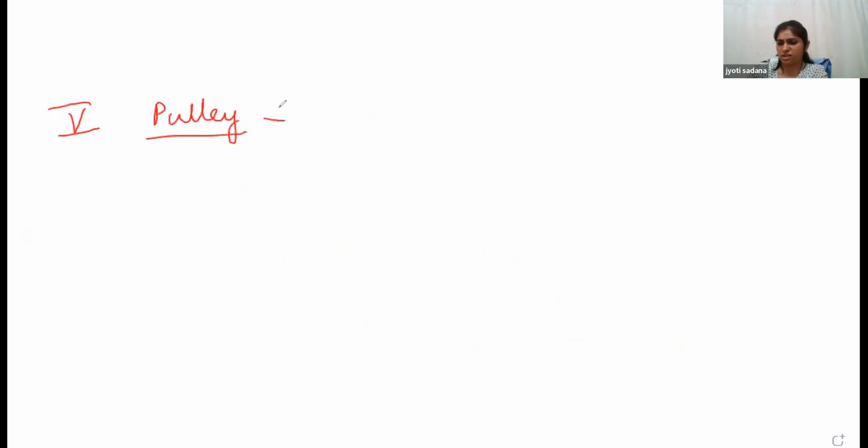Now, what is a pulley? Everyone I think has heard the word and also seen it. In the well, in order to draw the water, we use the pulley. What happens in a pulley? There is a fixed axle and around it there is a wheel, around which you have the rope.